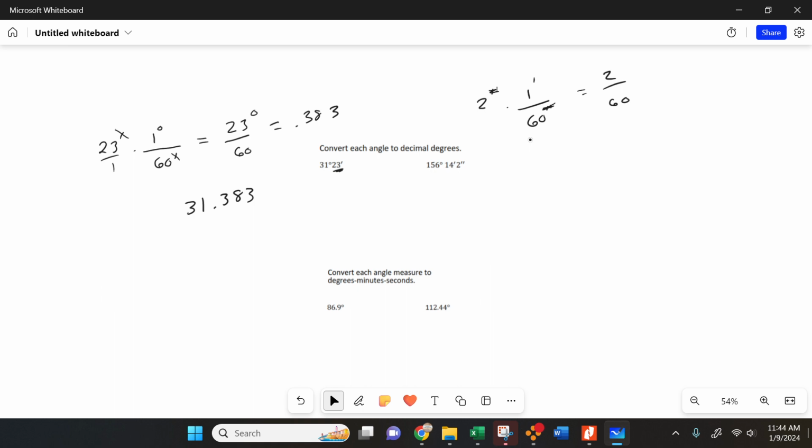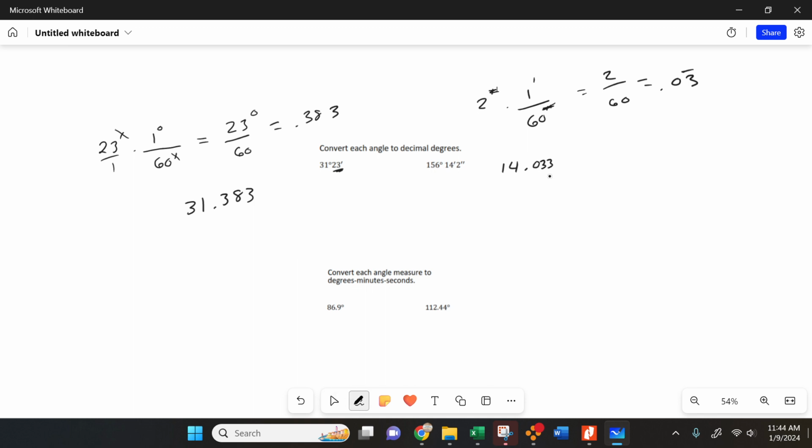Okay, I get 0.03 repeating. Now this is a decimal minute. I've turned the 2 seconds into part of a minute. So now what I have is 14.033 minutes.